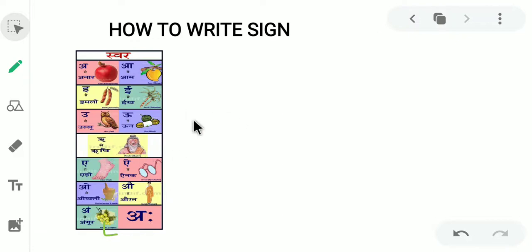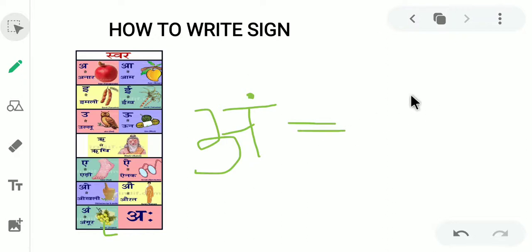If I have to write the sign of ang, you can put a dot on the word. You can dot on the word, and this means that it is the sign of ang. So I'm going to erase it.